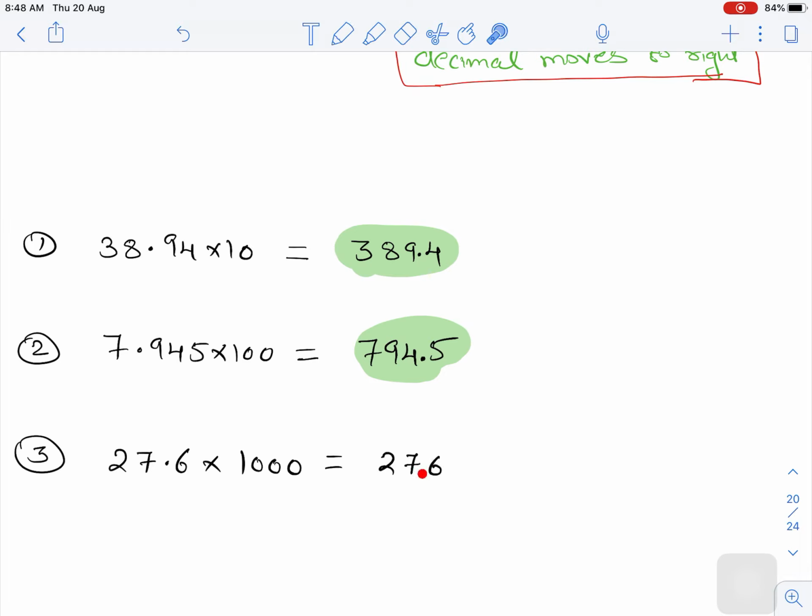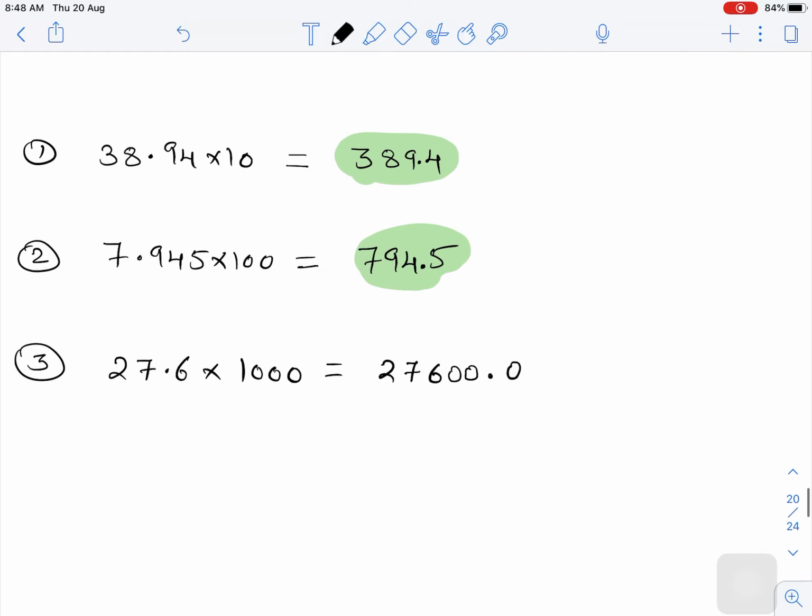Now initially the decimal was present over here, we have to move it 3 digits to the right, so 1. Second digit is not there, so we will write here 0. Third digit is also not there, so one more 0. Now where the decimal will come, again check it, it was present here. Now 1, 2, 3. Now we have to put the decimal over here. After the decimal no digit is there, so we can write here 0.